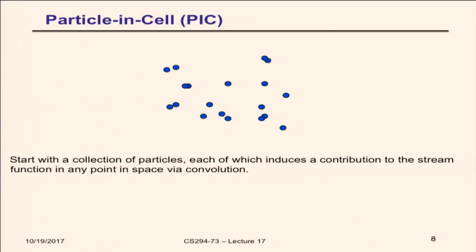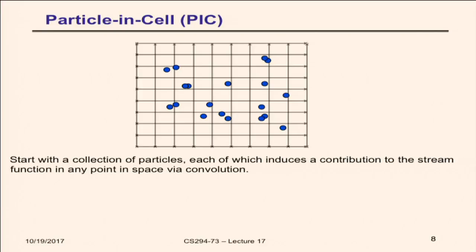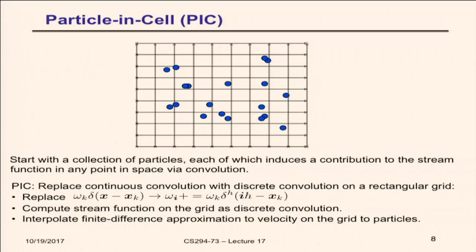Reminding you, you start with a collection of particles, each of which induces a contribution to the stream function at any point in space by convolution. We introduce a grid, and in particle-in-cell, we replace the continuous convolution with discrete convolution on a rectangular grid.